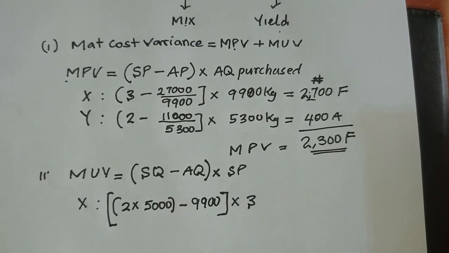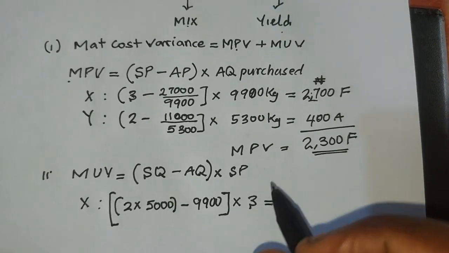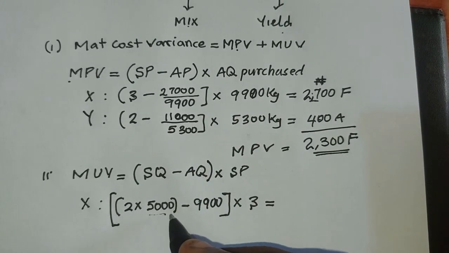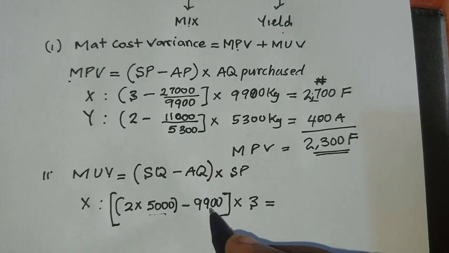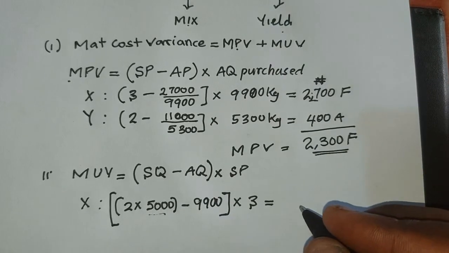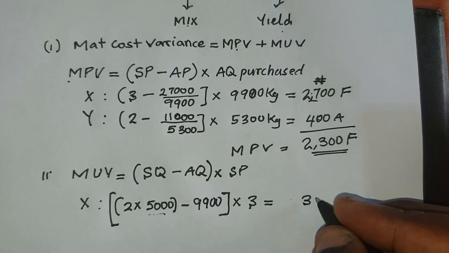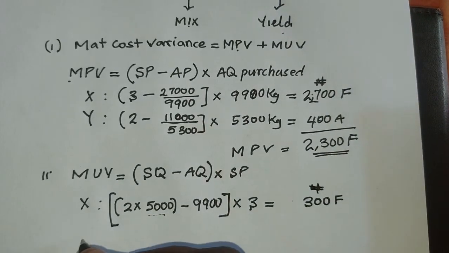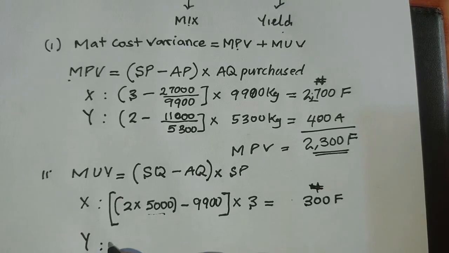When you calculate this, 10,000 minus 9,900 is 100, then you multiply, and this will finally give you 300 naira favorable.